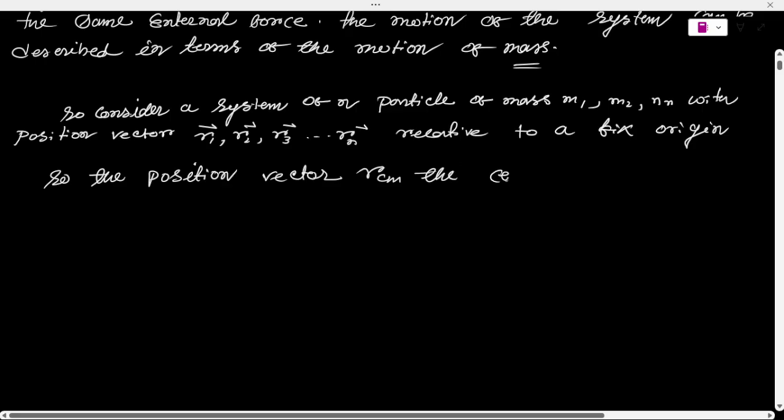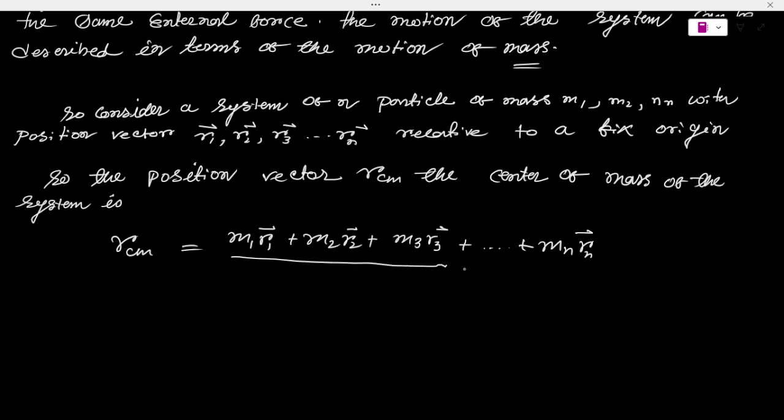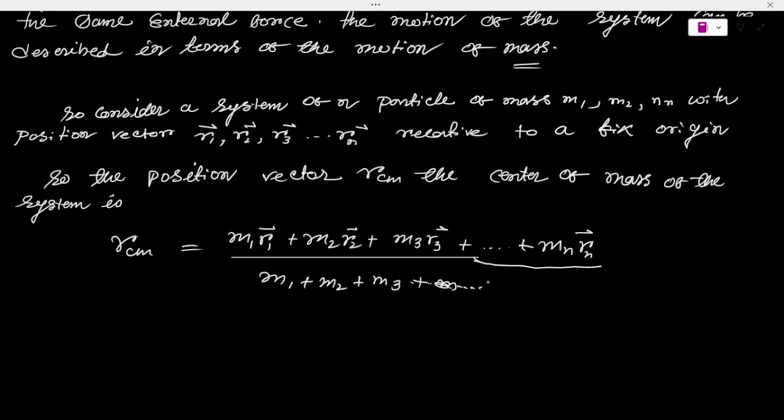The center of mass of the system of particles is defined as r of cm equal to m1 r1 plus m2 r2 plus m3 r3 plus up to mn rn, divided by m1 plus m2 plus m3 plus up to mn.